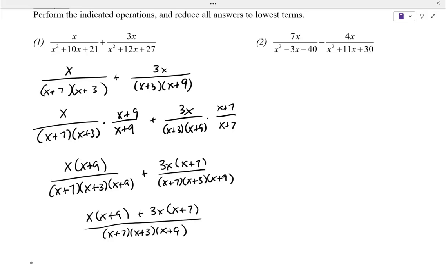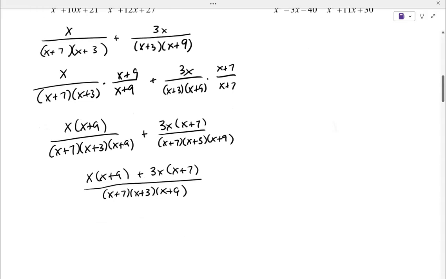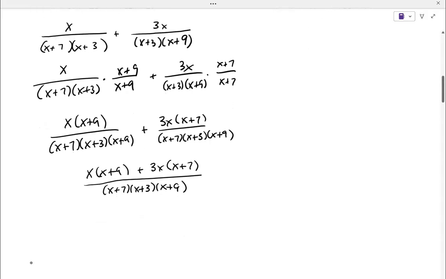Okay. Now let's simplify it a little bit because this is a little bit messy. Let's see if we can distribute and combine like terms. When you distribute the x through in the first part, what do you get? Yep, x squared plus 9x. When you distribute the 3x through, what do you get? Good. And then you do not need to worry about remultiplying out your denominator. You can leave it factored.